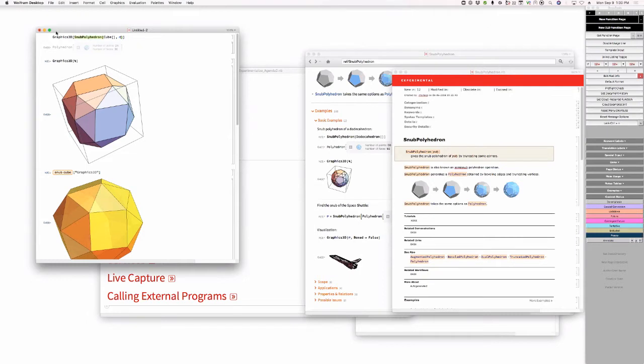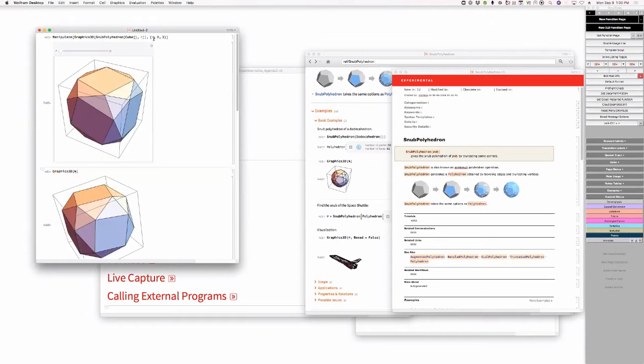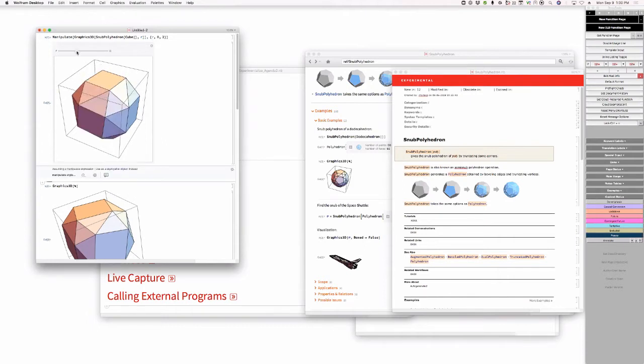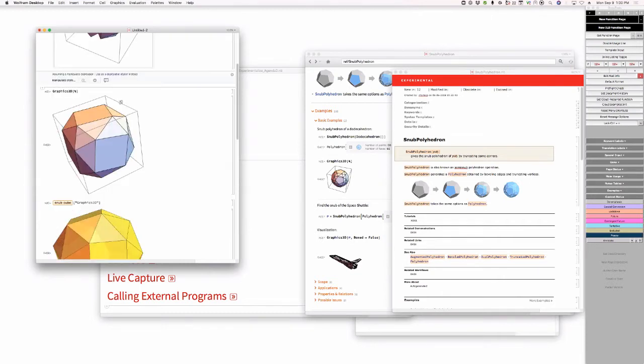So if I do this, okay, so that's, I don't understand why that's 0 snubbing. Okay, I see. So there's some snubbery. Wow, that's really funky.